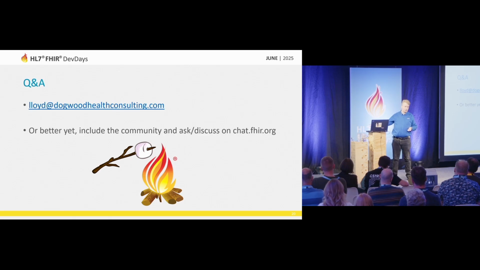We did go through and look at all the dependencies for the things that we had as must support. There are references that exist to things that are not must support, which we don't care about, and we didn't pay any attention to those resources. But we did chase through all the references for the things that we did care about and made sure that all of those profiles complied with each other, and created versions of them. There were a few that we didn't bother to create profiles of.